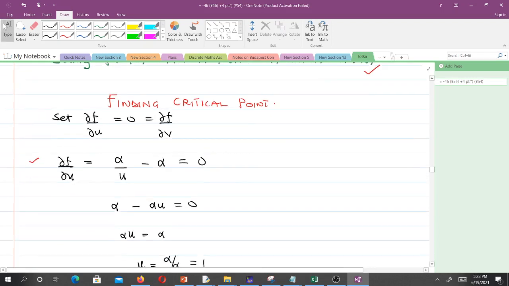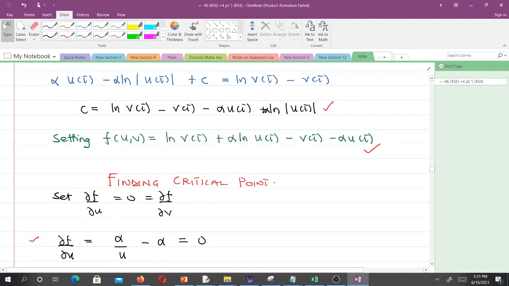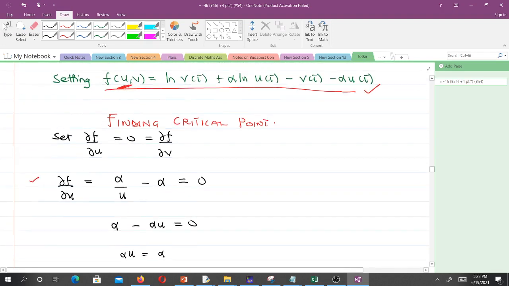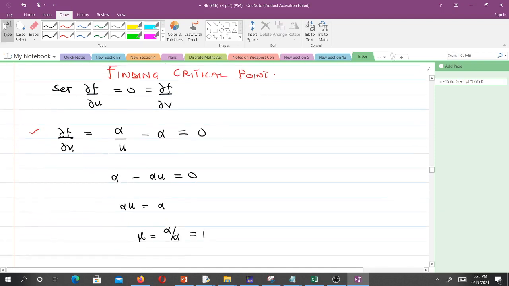So when we find the partial derivative of f with respect to u, we'll get alpha over u minus alpha equals 0, which implies that alpha minus alpha u equals 0.